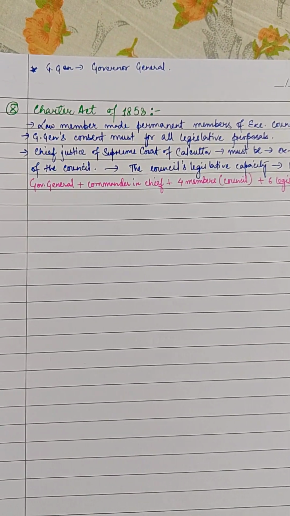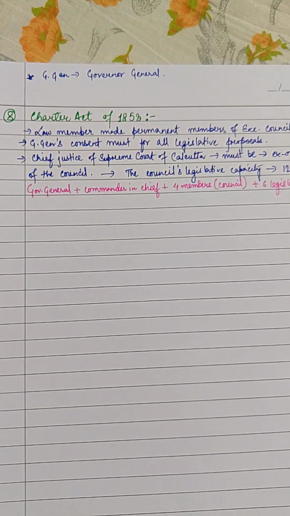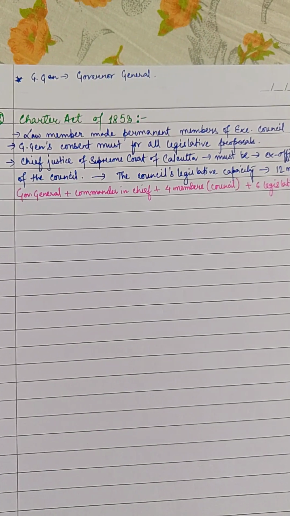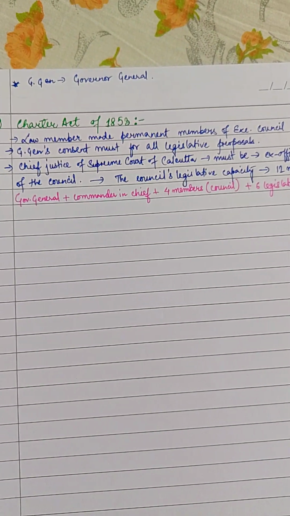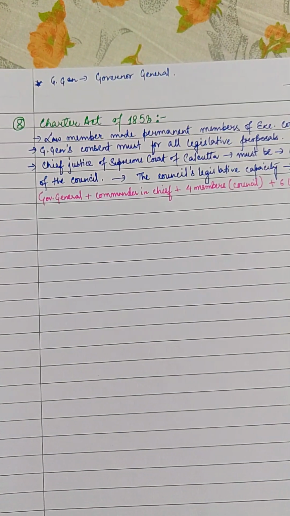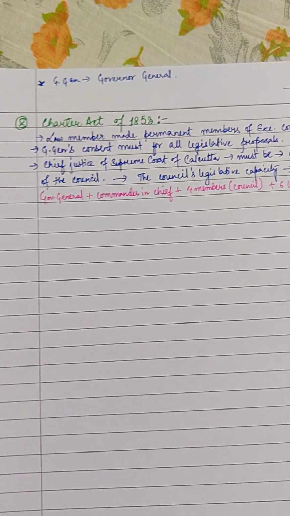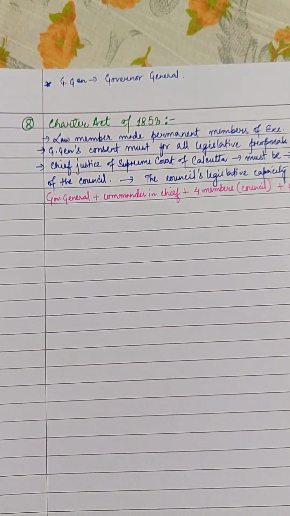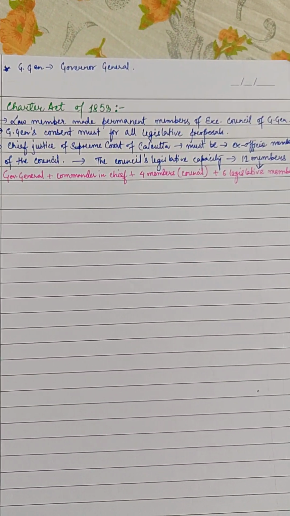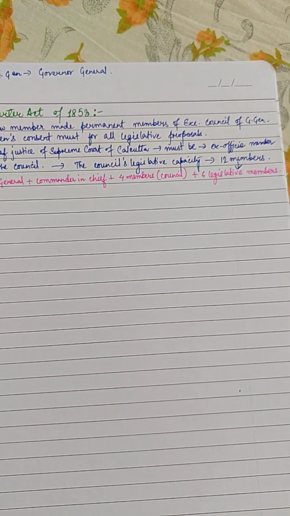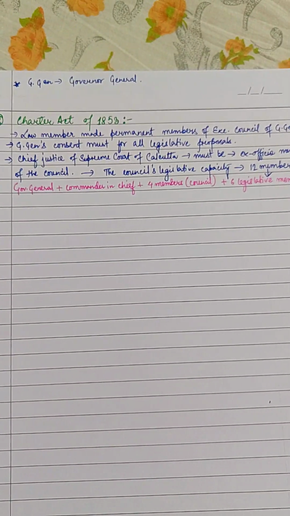And the Governor General's consent is a must for all legislative purposes. All the legislative purposes were being done with the Governor General's permission. Then the Chief Justice of the Supreme Court of Calcutta must be an ex officio member of the council.